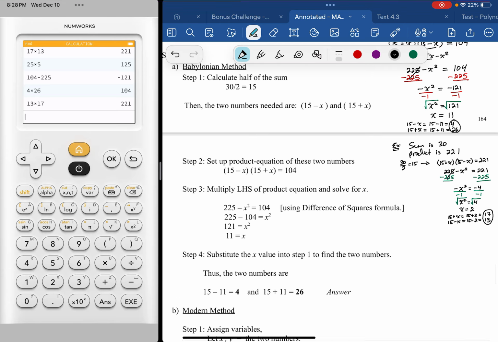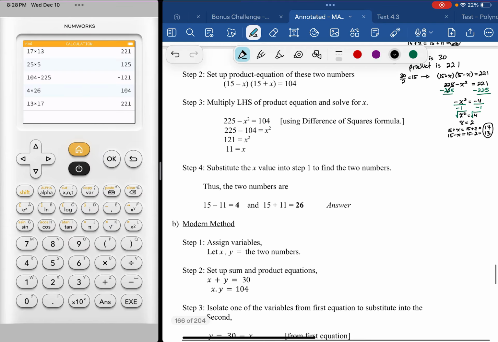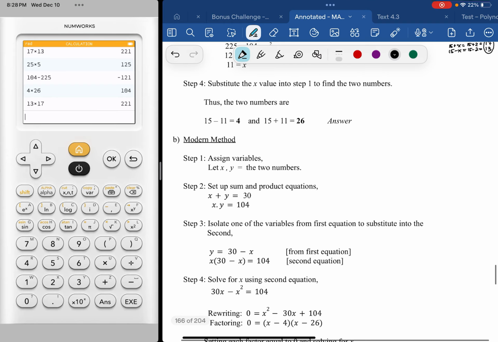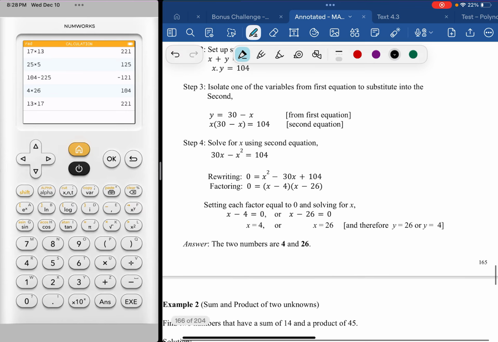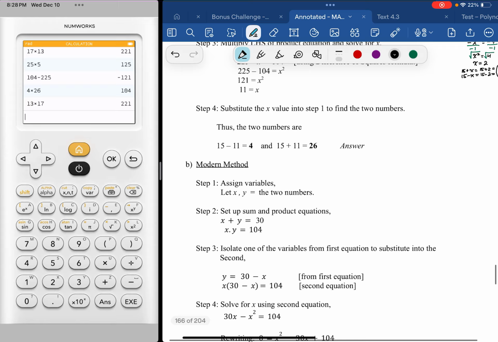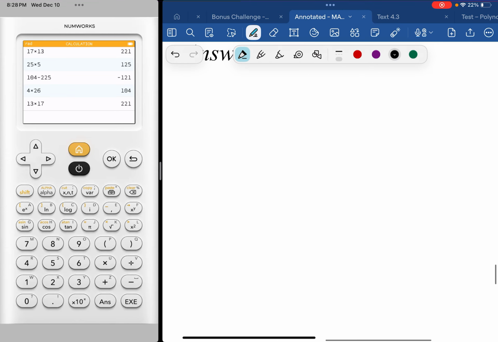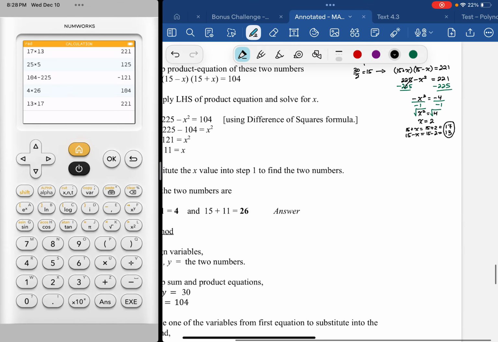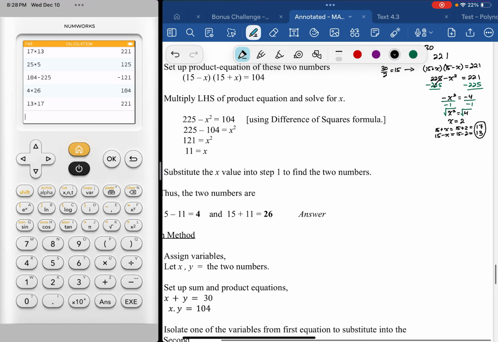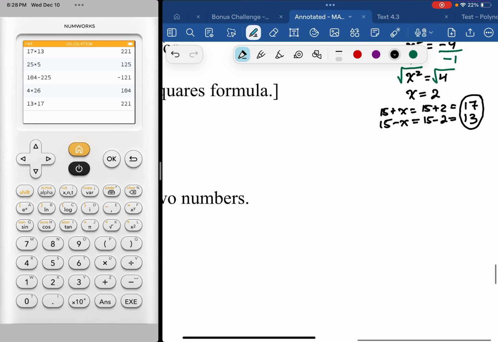All right. For the modern method, we assign variables, and then we use substitution and go from there. All right. So I will take you through that. I'll use my example this time, though. So again, it was a sum equals 30, product equals 221.